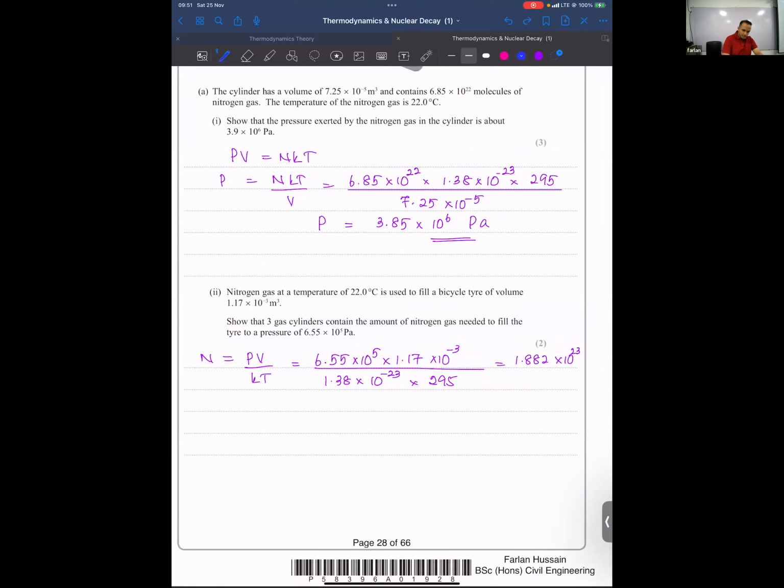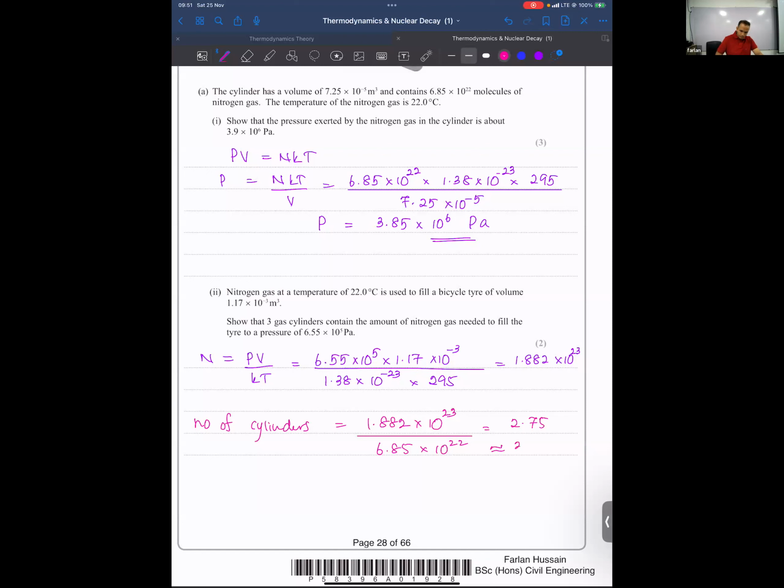So the number of cylinders required will be 1.882 into 10 to the power 23 divided by the number of molecules in one cylinder, 6.85 into 10 to the power 22, which is 2.75 cylinders.